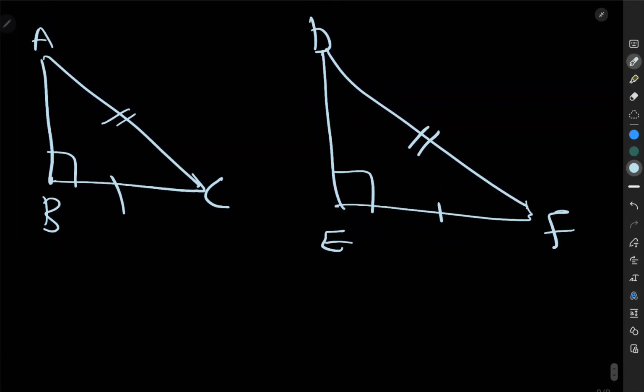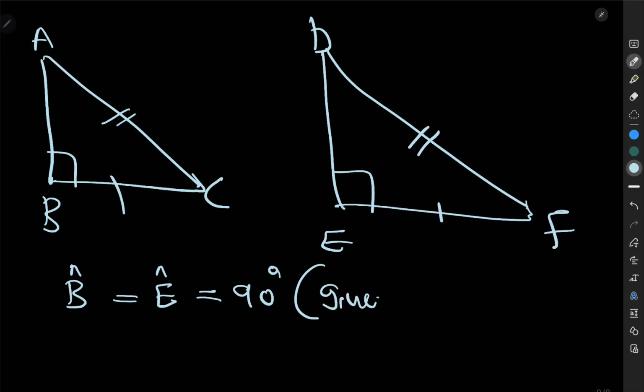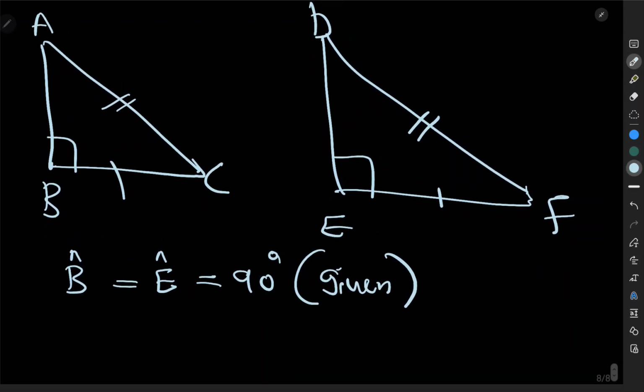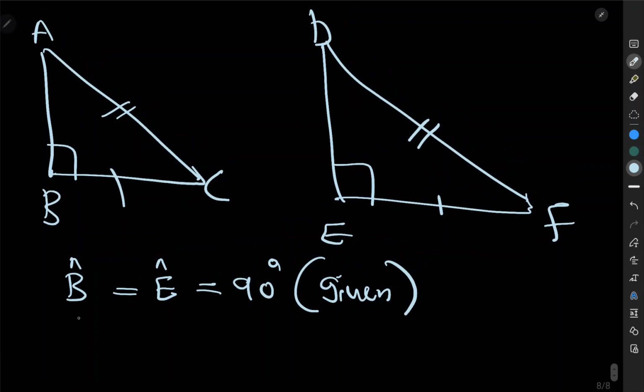Okay, so if we have this right here, where angle B is equal to angle E, and both of them are 90 degrees, and the reason for that is because it's given. And we also have AC, which is the hypotenuse, equal to DF, and that's given.